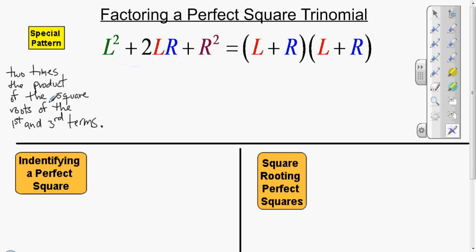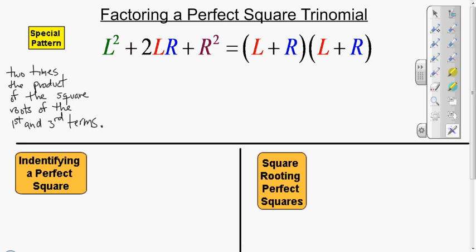You have to say it slowly and surely and try to find the reading in this middle term while you're doing it. We're going to develop that idea as I identify the problems as perfect square trinomials when I do the examples. For now though, let's just verify this pattern.